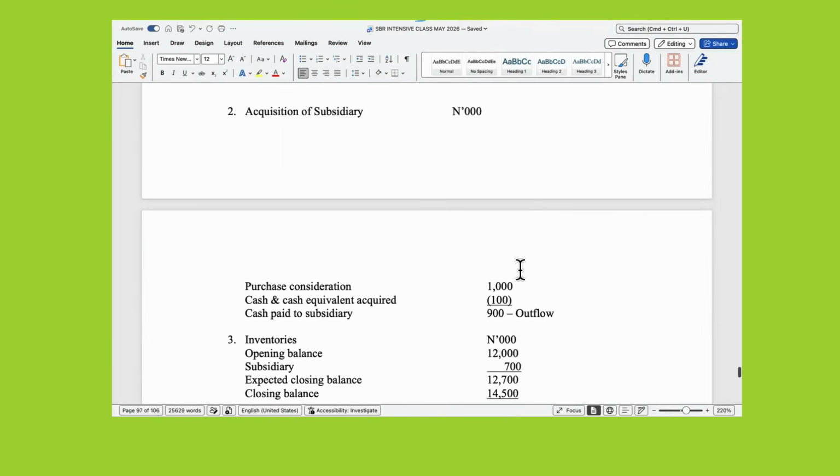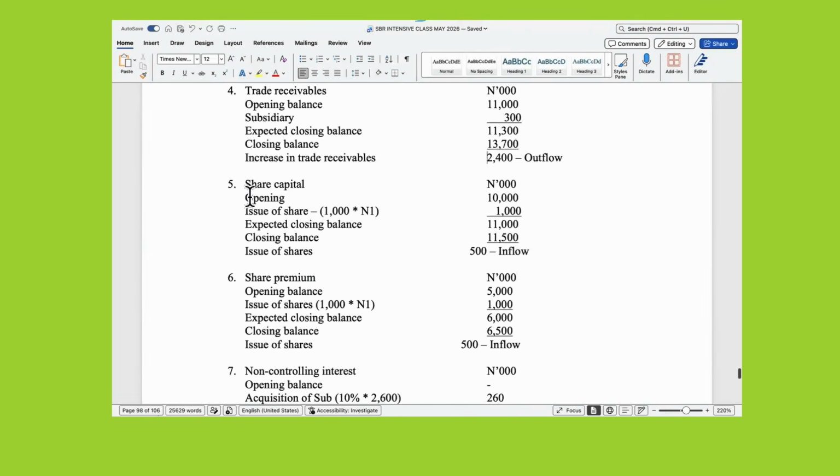And that's what I did here. For share capital, I did the opening. There was an issue of shares. This one is non-cash because the parent just issued shares to acquire a holding in the subsidiary, so I won't really deal with this. The expected closing is 11, but I had a closing of 11.5.